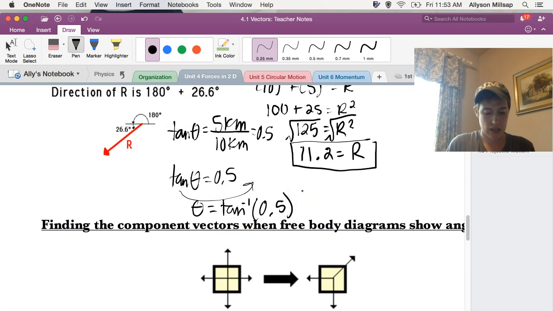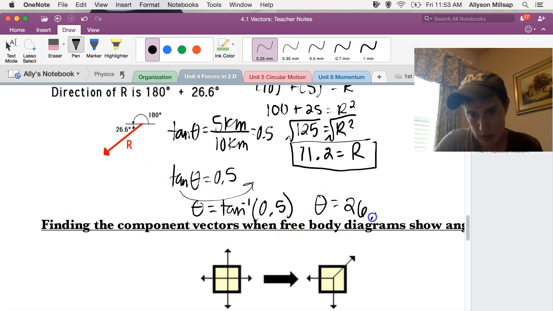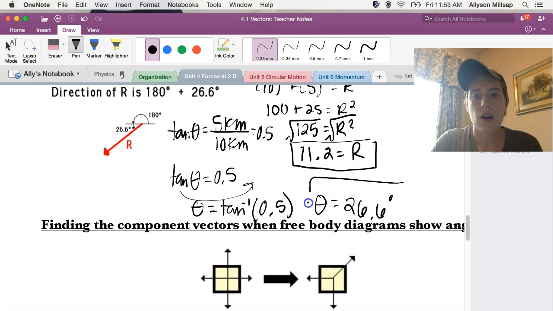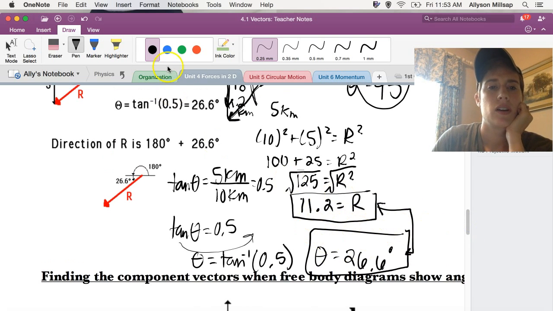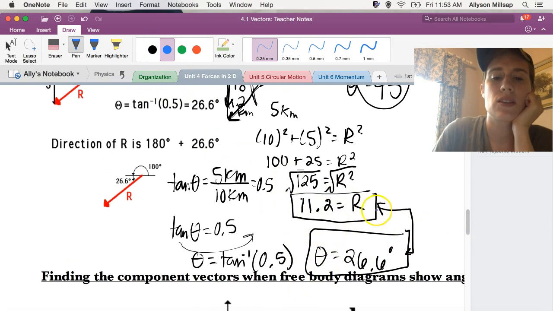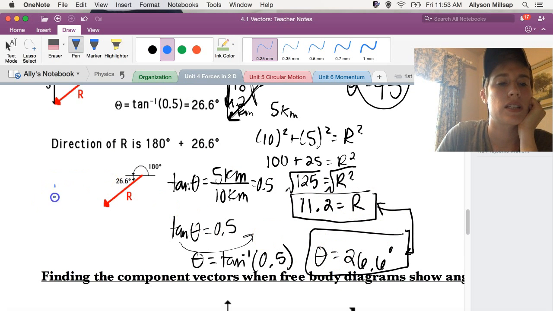So in my calculator, that comes out to, my angle is 26.6 degrees. Well, this is not my final answer. You need to keep in mind that I want the angle of the resultant vector. If you tell me that this resultant vector is at an angle of 26.6 degrees, remember we always start our angles right here, on the positive x-axis.